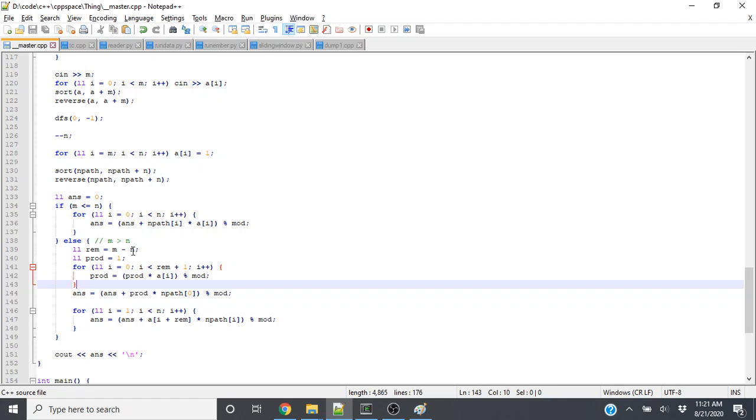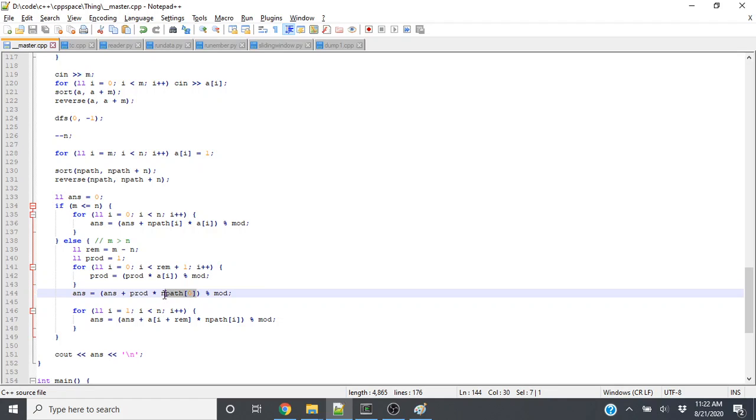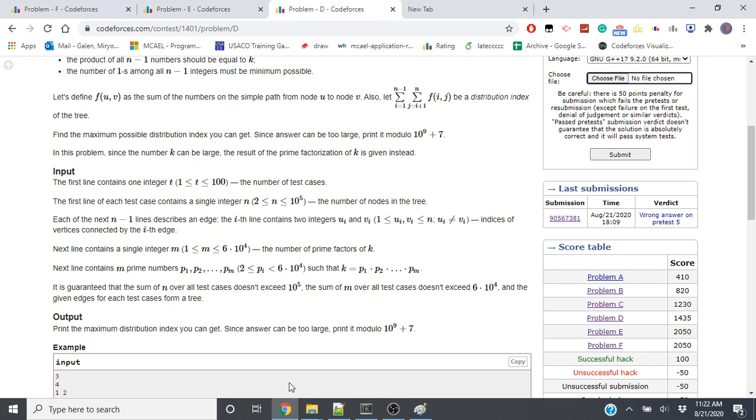And so we want to take the indices from 0 to rem, then multiply all of those by 0. Like, is my idea of stacking wrong or something? That I don't understand.